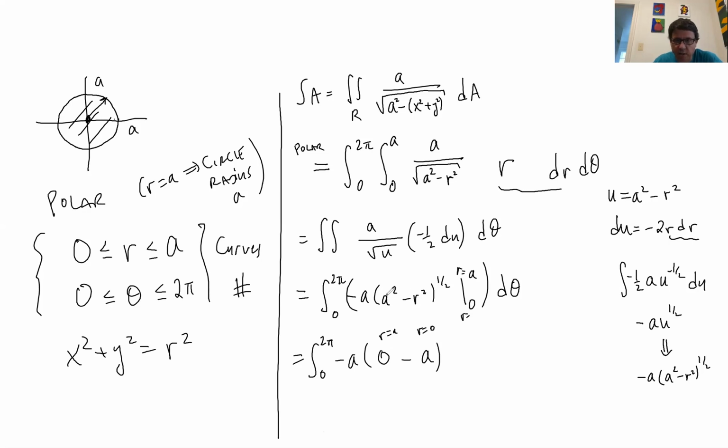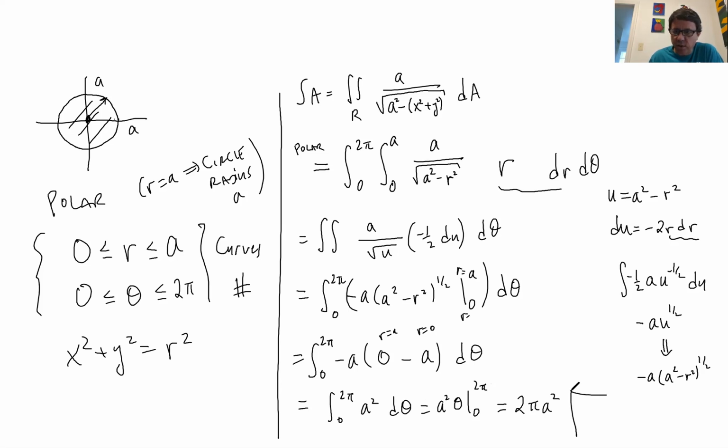I'll get 0 for the first one, and then a squared minus 0, so a squared to the 1/2. So I end up just getting the integral from 0 to 2 pi of a squared. Negative a times negative a. So you can do this. You just integrate that up to a squared theta, plug in the 0 to 2 pi, and this will be 2 pi times a squared.